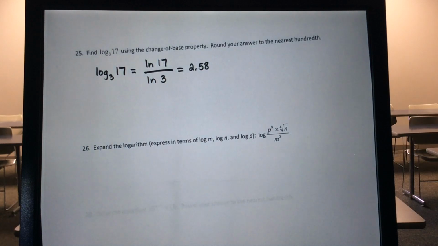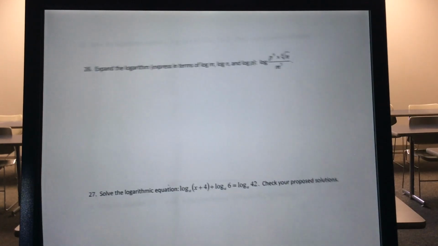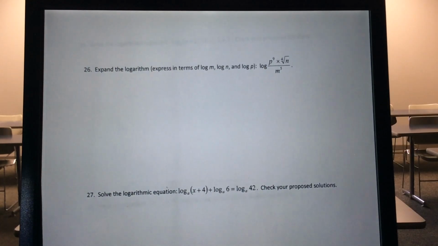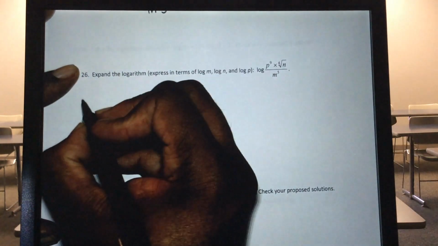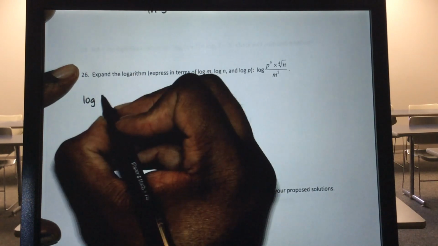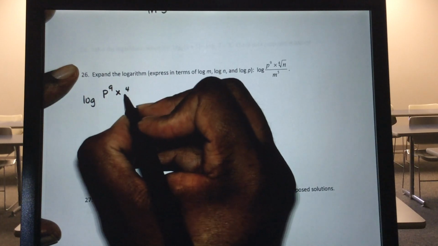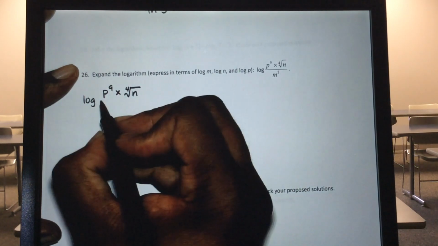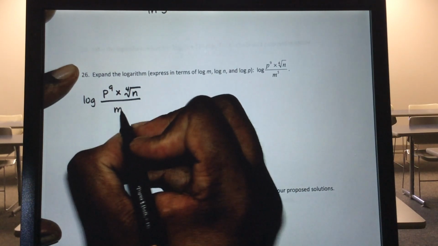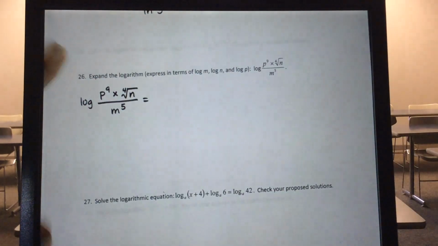All right, number 26, we're going to expand the logarithm as far as we possibly can using a combination of the product, the quotient, and the power rules. Should be familiar with that. So here we got the log of p to the 9th, times the 4th root of n, divided by m to the 5th power.